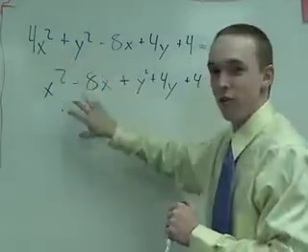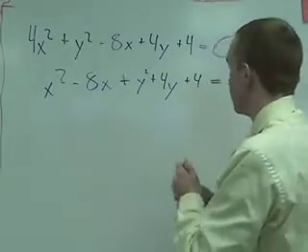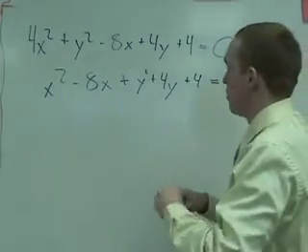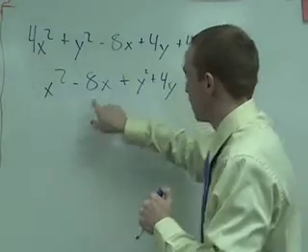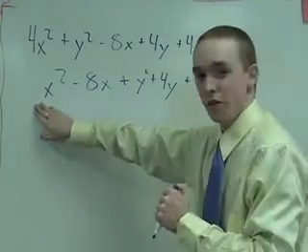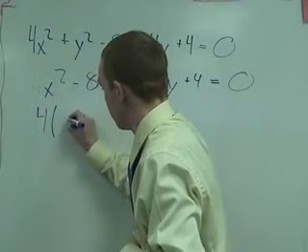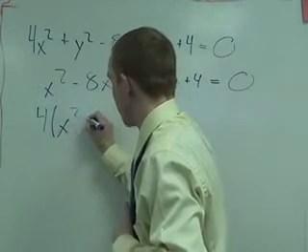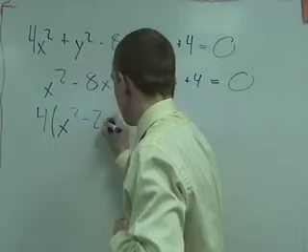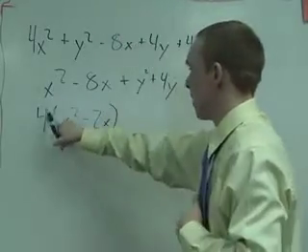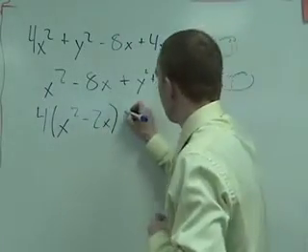I grouped stuff together. That's all I did. What we're going to want to do now is we can pull stuff out of these. Like here, we can pull out a 4. We're going to pull out 4, and we're going to be left with x squared minus 2x. See that? I just pulled the 4 out.